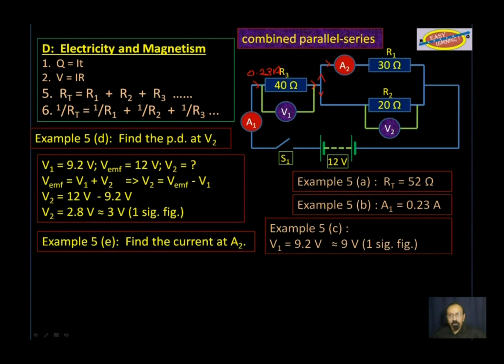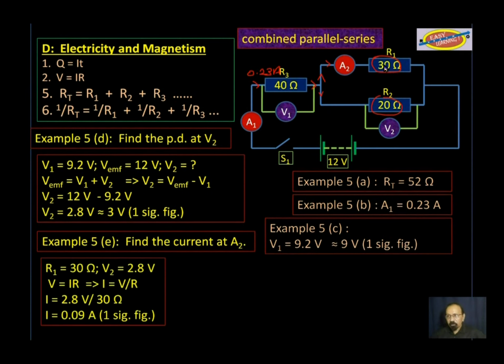Now, if these two resistors were the same, then one half of the current would go to the top and one half below. But this one here is 20 and that one is 30. The one that has the lower resistance would have more current. The higher resistance would have less current. So let's see how this goes. We know R1 is 30 ohms.